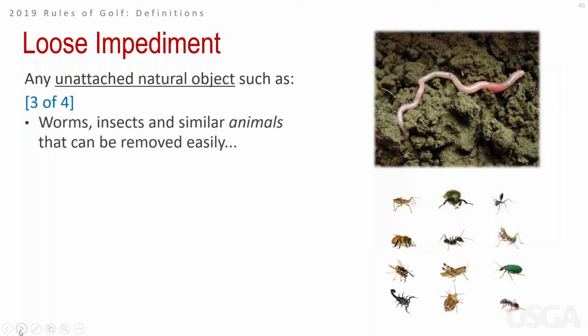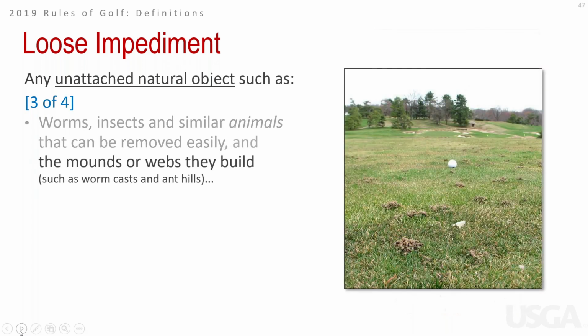Worms, insects, or similar animals that can be easily removed. I always find this slide interesting, as in the bottom right of our screen you see a scorpion down there, which is an animal that is a loose impediment. I might make the case to see if that's a dangerous animal condition, but that's a different story. Or the mounds or webs that they build.